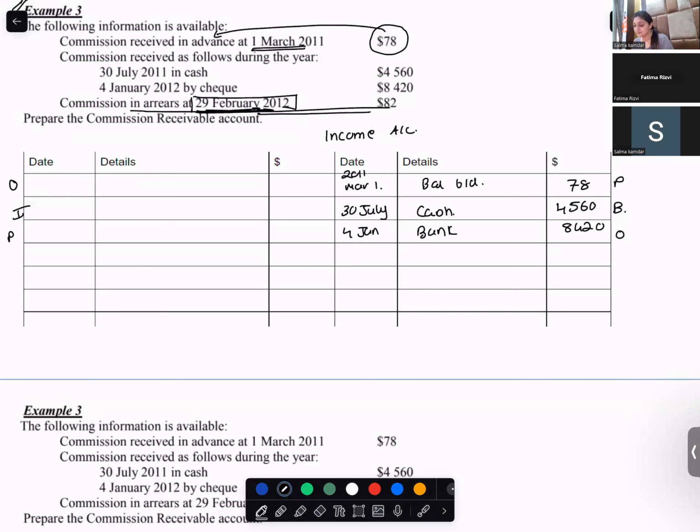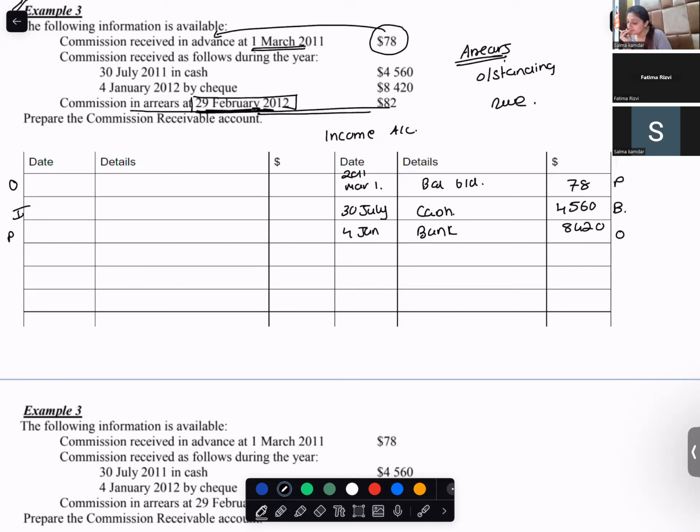What is this? Commission in arrears. Arrears means what? Arrears means outstanding, it means due. Yes or no? Yes, miss. Where will it appear?